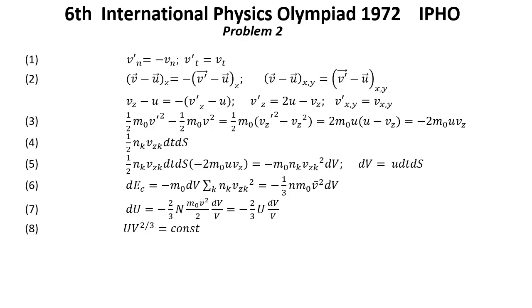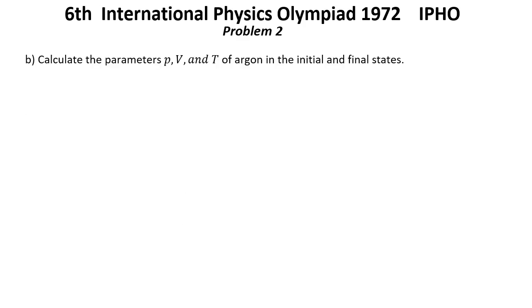The internal energy of the ideal monoatomic gas is proportional to the absolute temperature T, and equation 8 can be rewritten like this: T V to the power 2/3 is constant. This was the solution for question A. Solution for question B.